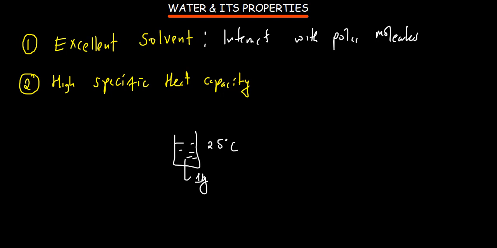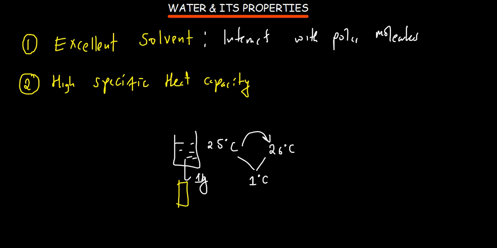If I want to change the temperature from 25 degrees to 26 degrees, you can see I want to raise the temperature. What's the difference here from 25 to 26? This is only 1 degree Celsius. So we define specific heat capacity as the amount of heat energy, because you need to put heat here.